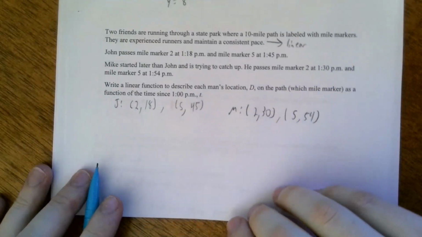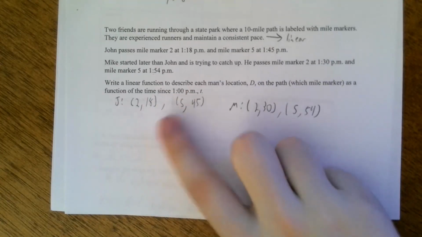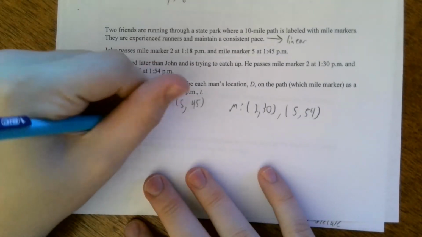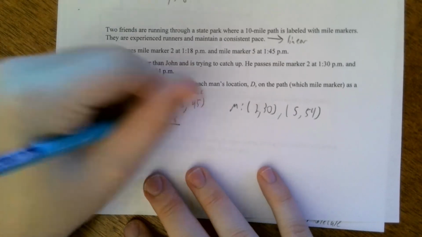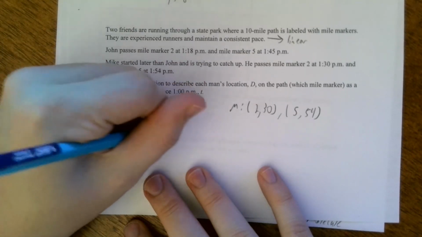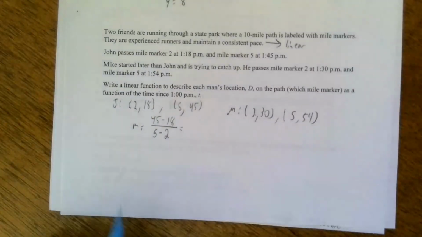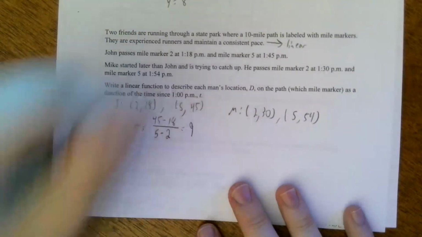So how can I find my linear equations? Well, I have 2 points, so I can find my slope, right? So my slope m is equal to y2, which is 45, minus y1, which is 18, over x2 minus x1. So after you do that, when you subtract on both sides, you should get, I believe, 9. Yeah, so you should get 9 here after you do that.